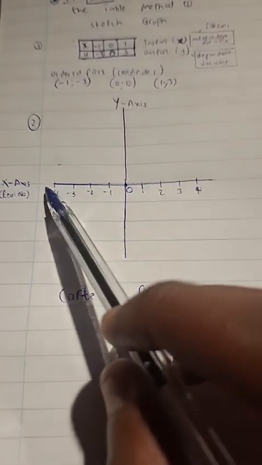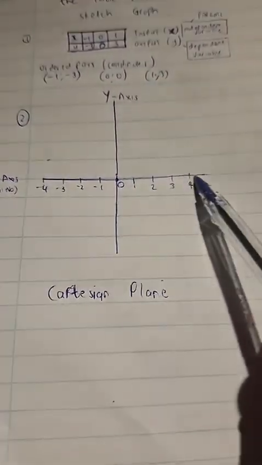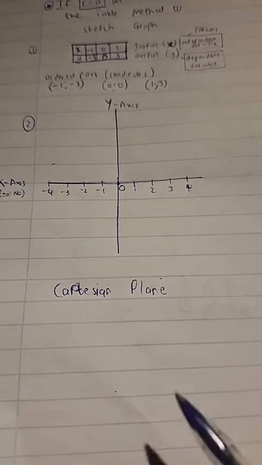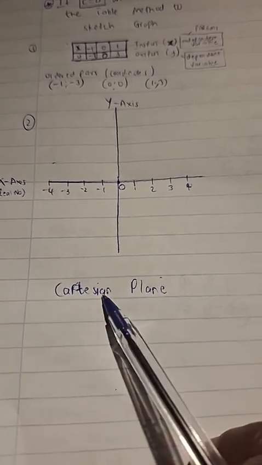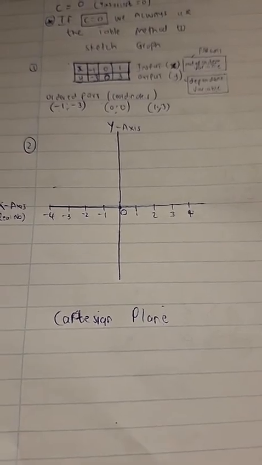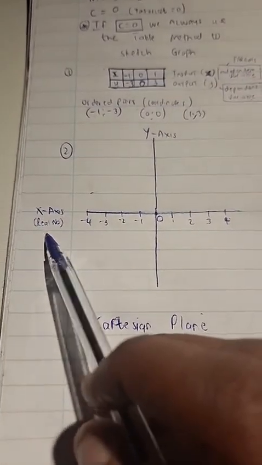So it's two-dimensional in nature. So we call it the Cartesian plane. It's a system of y and x axis, and it contains real numbers.